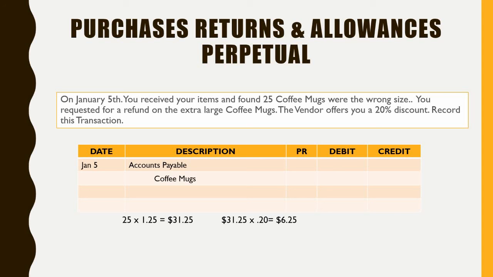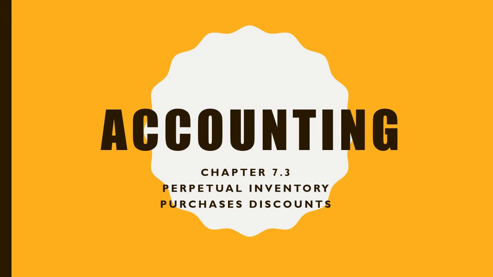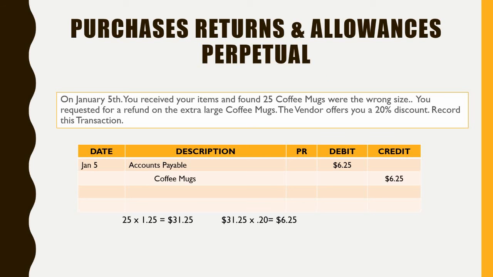So 25 times $1.25 gives you $31.25, and 20% of that gives you $6.25, and we take it directly out from my inventory. And that's it. Easy. Any questions for returns and allowances? Everything that goes into inventory, you're going to automatically take out directly from inventory.